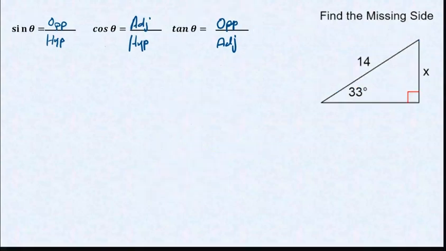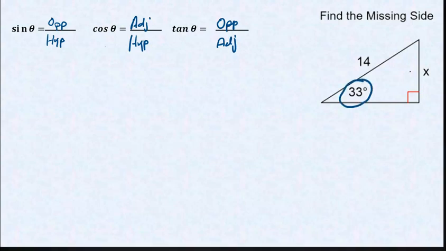Okay, so the reason why we're doing this example here is I just want you to see that not every triangle will work out to be tangent, but the procedures of the algorithm for solving a right triangle does not change for the different ratios.